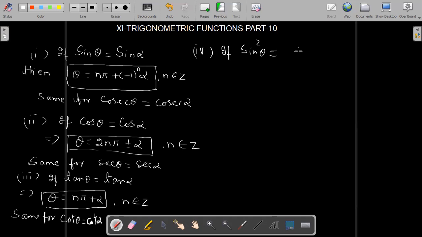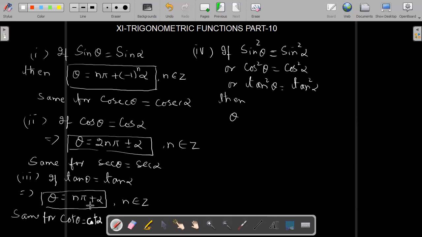But if you have sine square theta is equal to sine square alpha, or cos square theta is equal to cos square alpha, or tan square theta is equal to tan square alpha, with both sides squared, then theta will be n pi plus minus alpha. The earlier formula had only plus; this will have plus minus both.